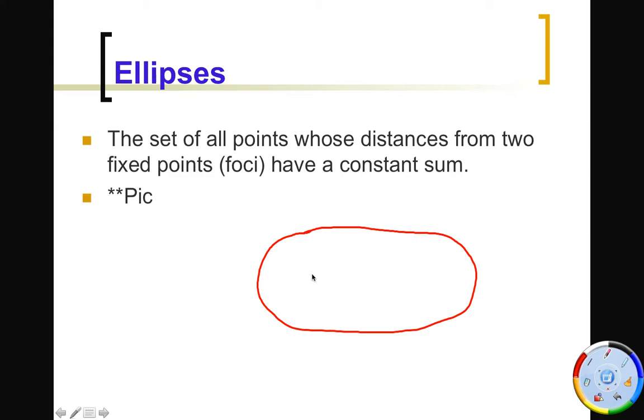So in an ellipse, you have a few different things. You have focus number one, you have the center, and you have focus number two. So there's two foci or foci. I don't care how you pronounce it. I've always pronounced it foci, but the other one is correct.